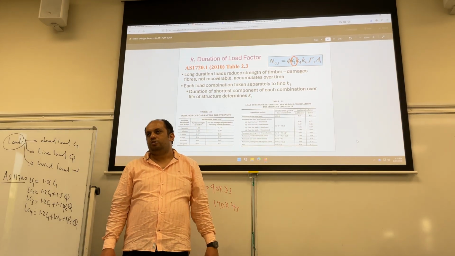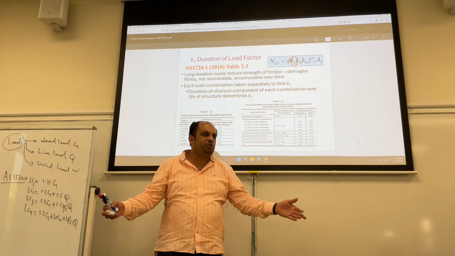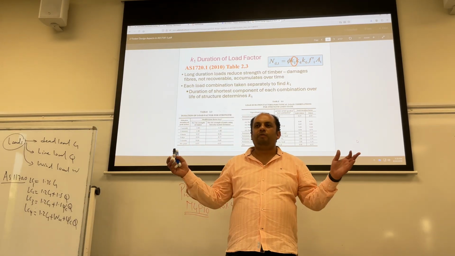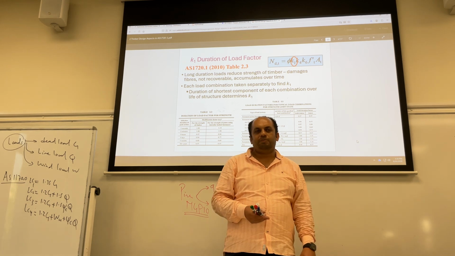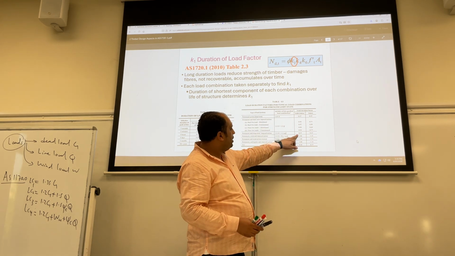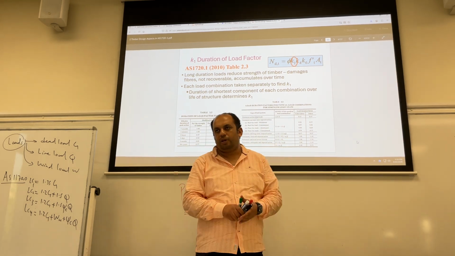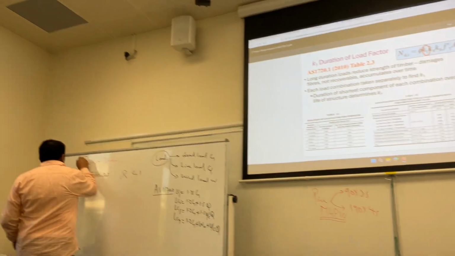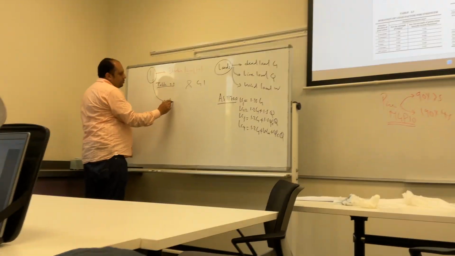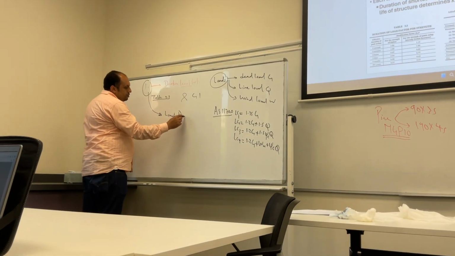Okay. So for example, this furniture here in this room, it will stay here for 2-3 years. So we can consider it as what? As permanent. So how much is the factor? 0.57. Okay. So K1 is a factor that depends on the load duration.